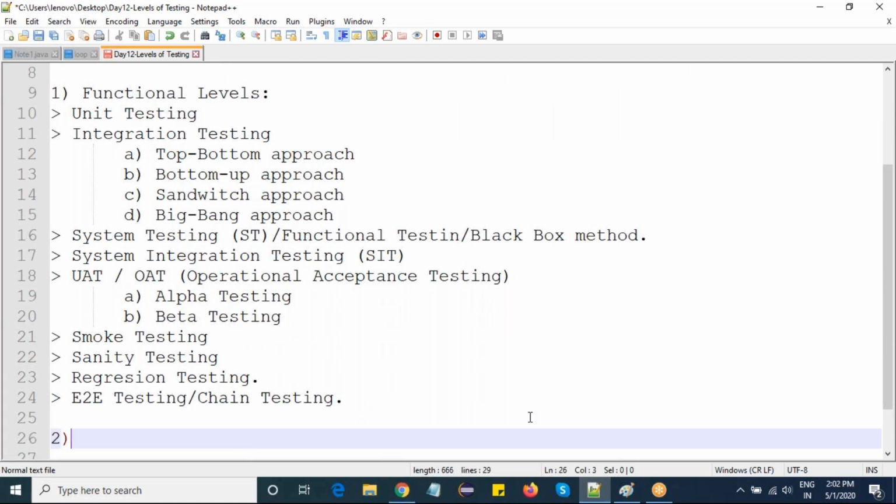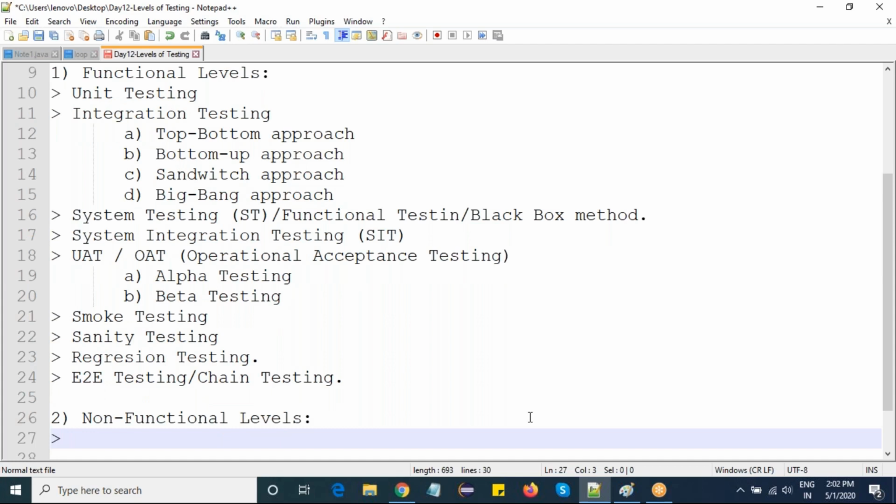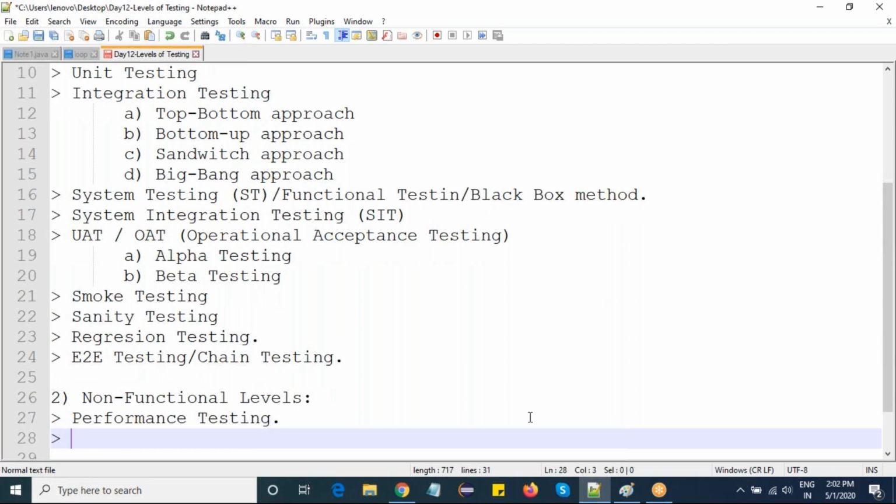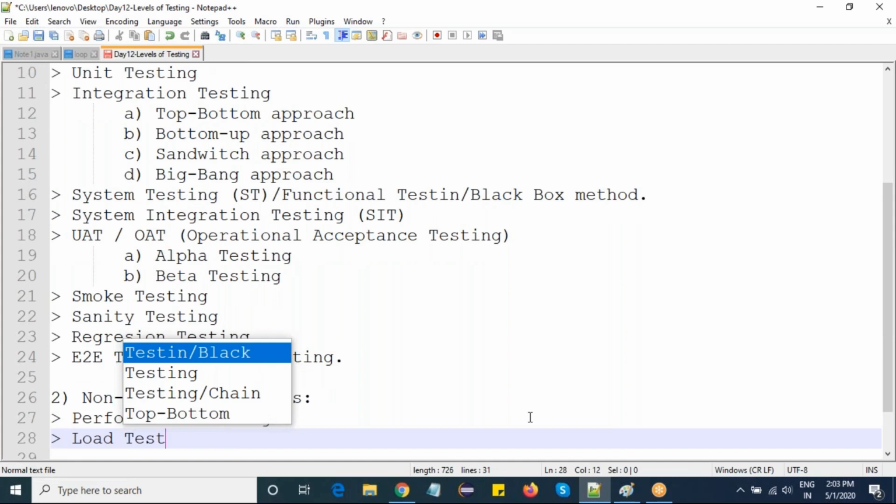Coming to the second one, non-functional levels. As manual testers, we don't deal with non-functional levels. To do non-functional levels, we require a separate tool. The first one is performance testing. The second one is load testing. These are process points.